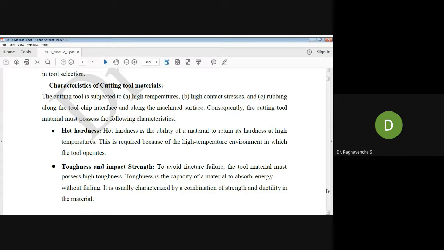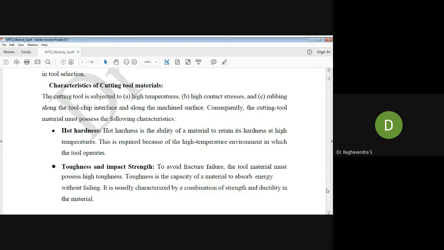Whenever you manufacture a cutting tool, that material should be very hard. It should withstand high temperature, because whenever the material removing process is in progress, there will be friction between the two materials. Because of this friction, the temperature will increase at the interface.